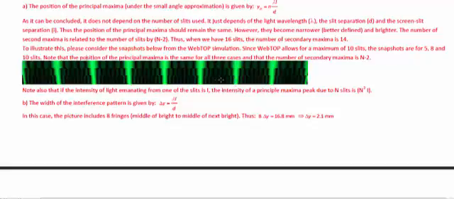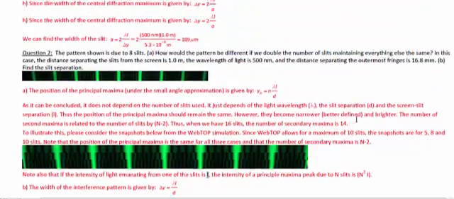And it's brighter relative to the secondary maximum. Now, the brightness, actually the intensity, if the intensity of the light coming from one slit is I, the intensity of the principal maximum is going to be n squared times I, where n is the number of slits.